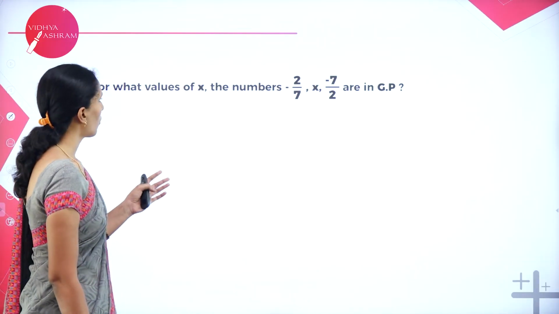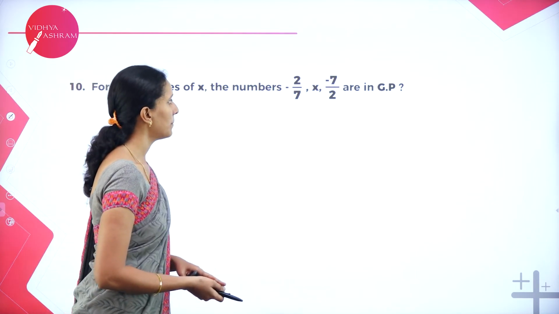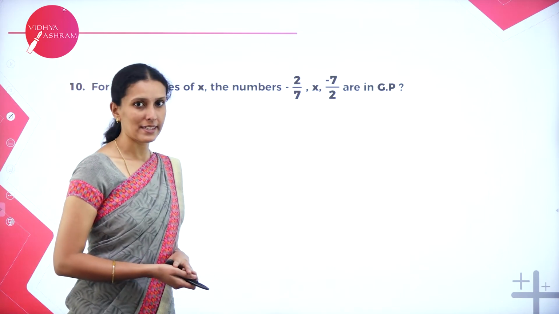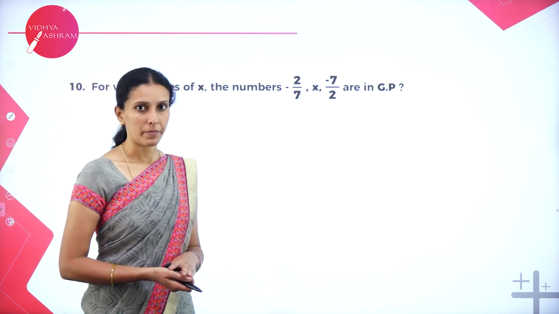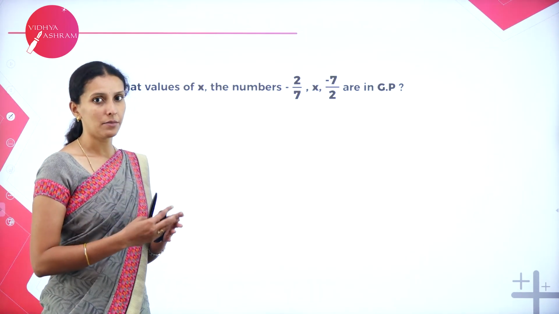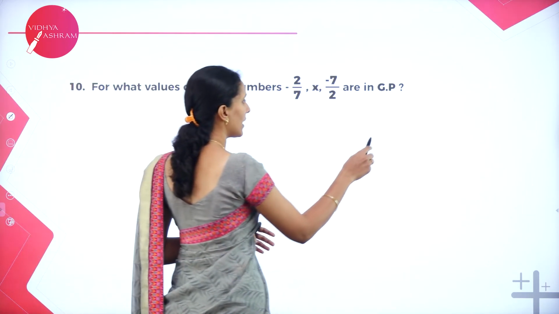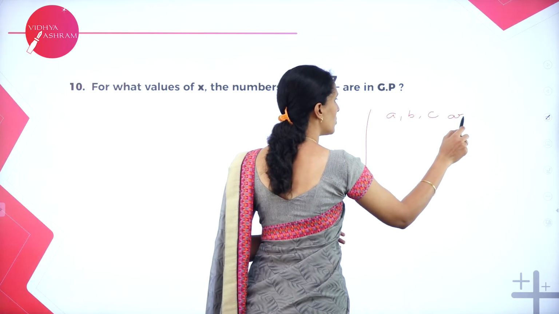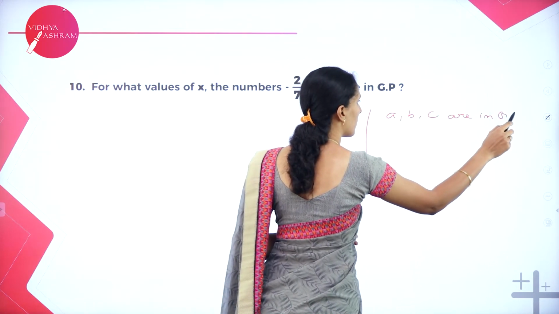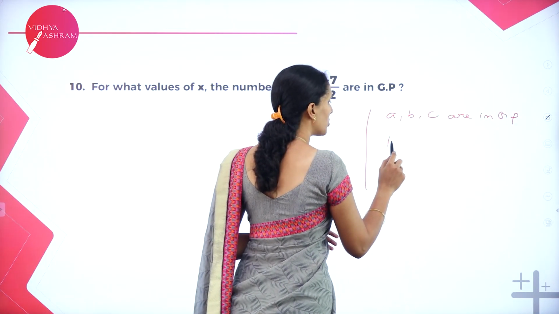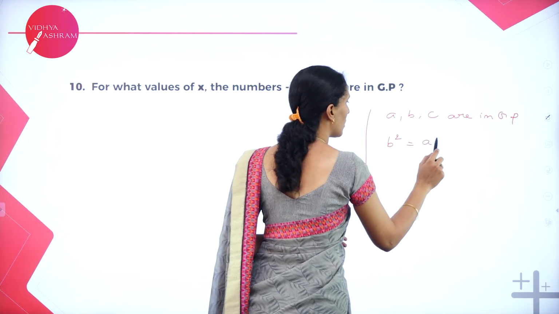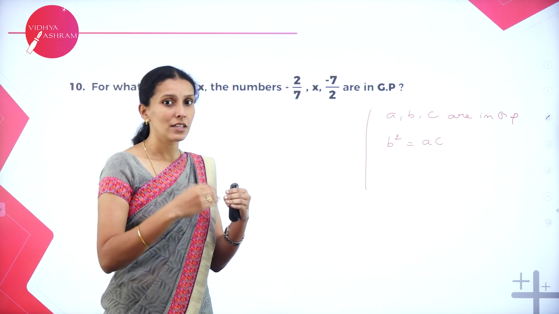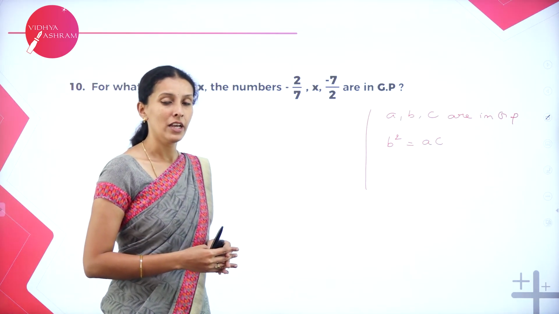Next question, for what values of x the numbers minus 2 by 7, x, minus 7 by 2 are in GP. Suppose we have three terms which are in GP. We say, for example, if a, b, c are in GP, then we have a condition: b square is always equal to ac. So this is the condition for three successive terms to be in GP.